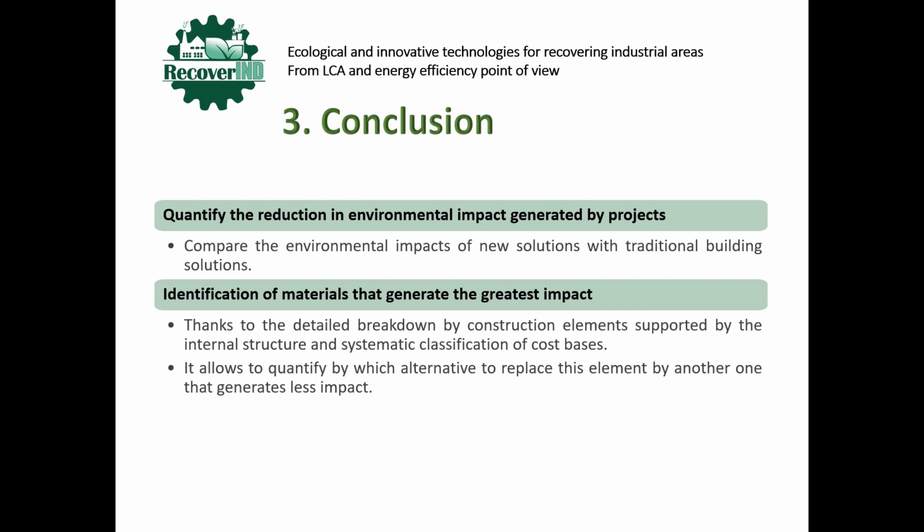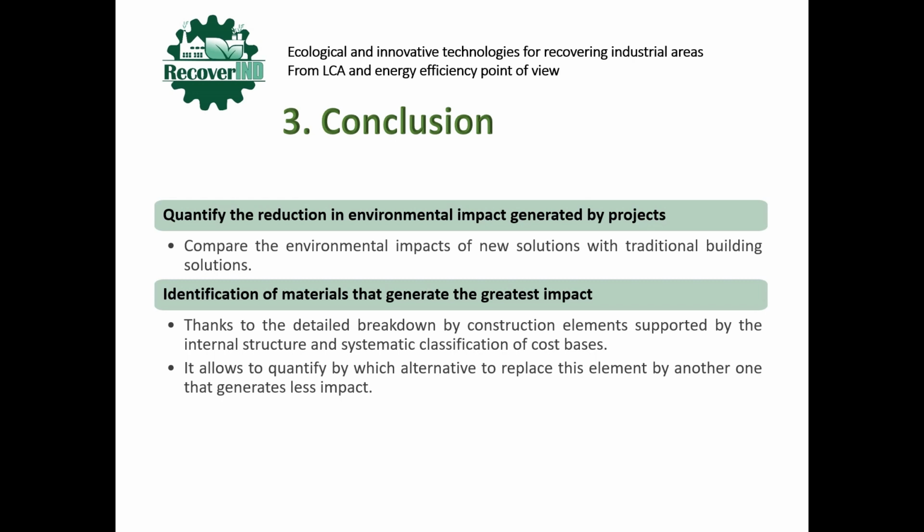So all this together can allow us to compare the environmental impact of traditional solutions and new solutions, and then using environmental product declarations to get precise information about that specific brand or material.